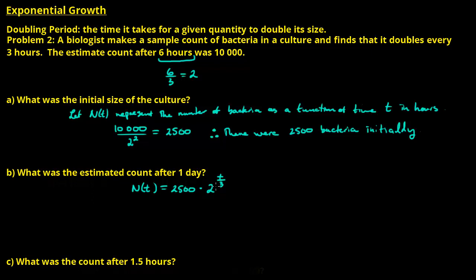Now we can use this equation to calculate the estimated count after 1 day. As a quick refresher, in one day there are 24 hours. Our equation is in hours, so I can't just plug in 1 for t, because that would be in days, whereas I need it in hours. So I'm going to evaluate n of 24, which is equal to 2,500 times 2 to the power of 24 over 3. 24 divided by 3 is 8, so I'm going to do 2,500 times 2 to the power of 8.